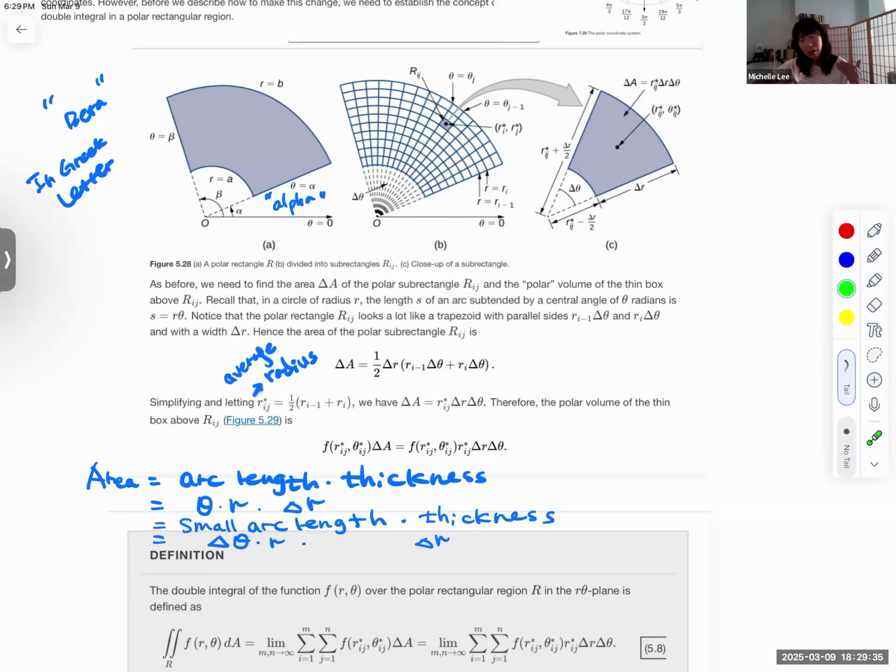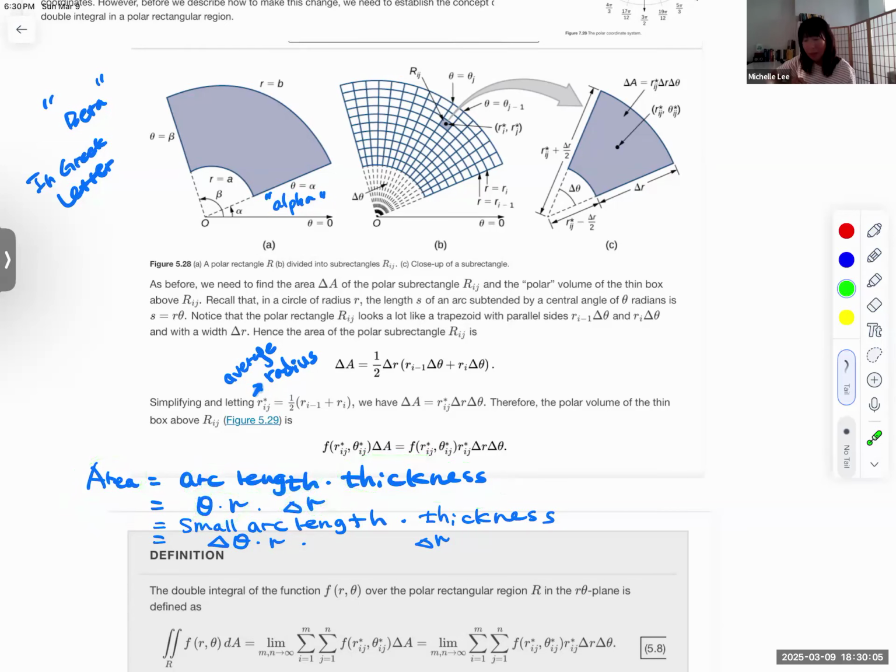Then in that case, what's the area? We know that function is the same as a function, but area is slightly different here. So we are using area, r length times the thickness. Then r length, what's the formula of r length? Then theta times r times thickness, we are using delta r.